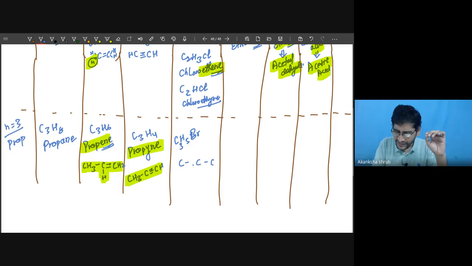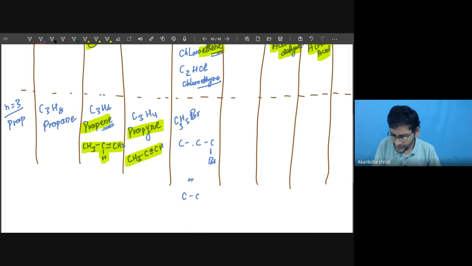Getting now? I can put the bromine here at the end, or I can put this bromine in the middle. The others are filled with hydrogen. It is the salient feature of this structure.